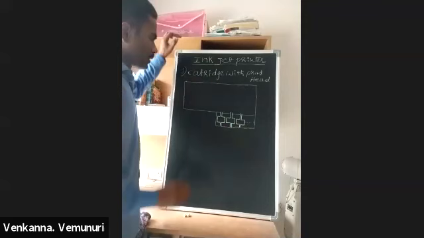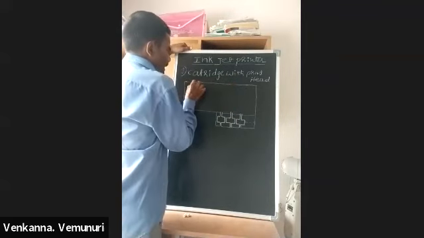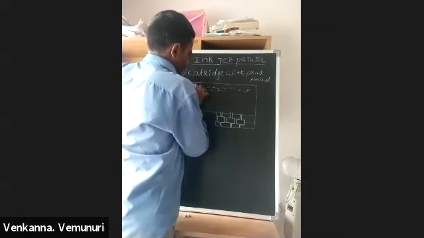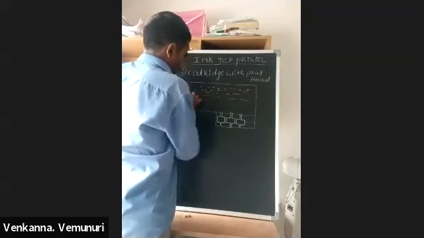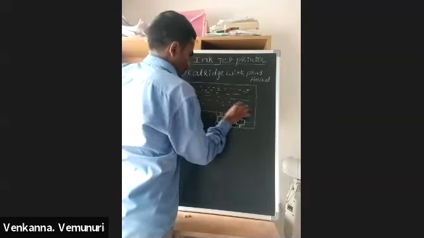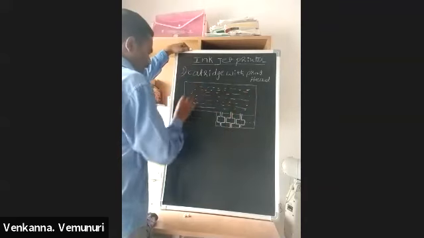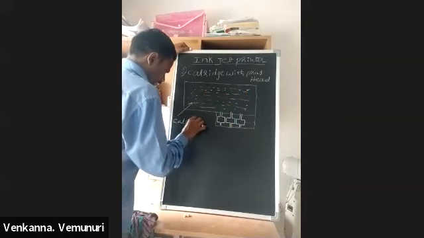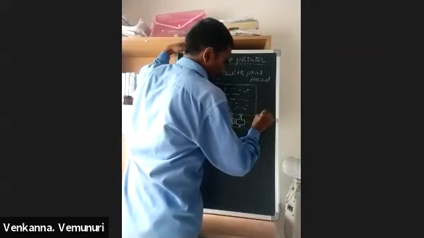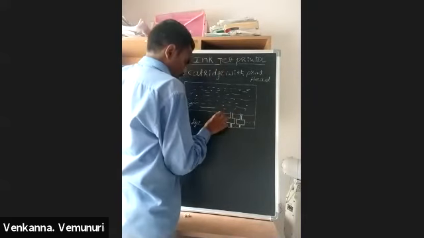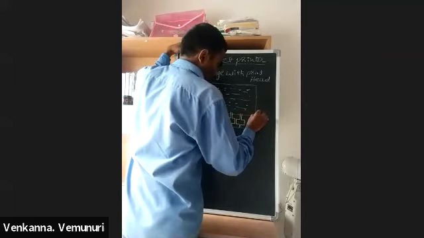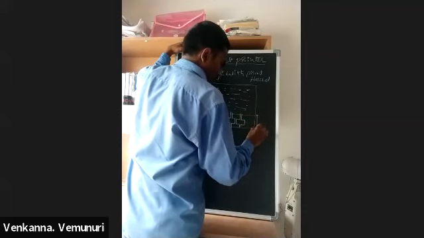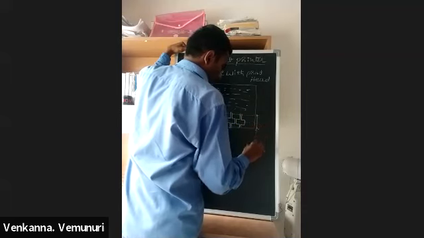Here, this is called cartridge. In this cartridge have sponge. That sponge have ink. And this part, from here to here, this part is called as print head.